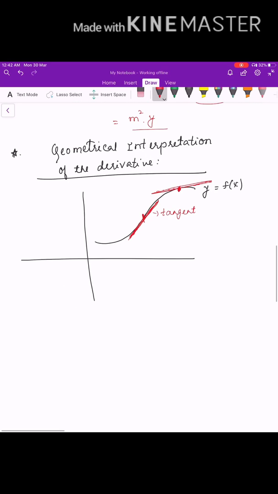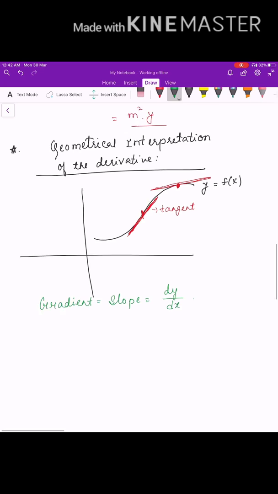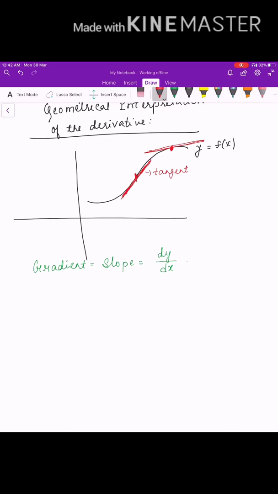So in order to find the slope of any curve, we are just to find the first order derivative. Another name for slope is gradient. So gradient is equal to slope is equal to dy by dx, where y is the equation of the curve. Let us see one question.